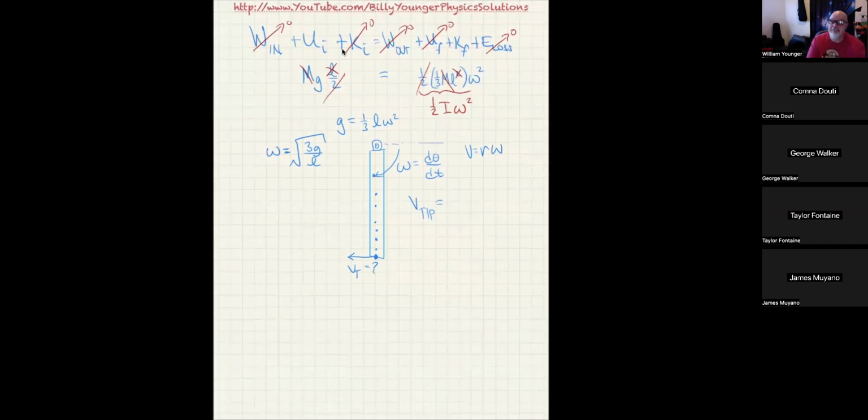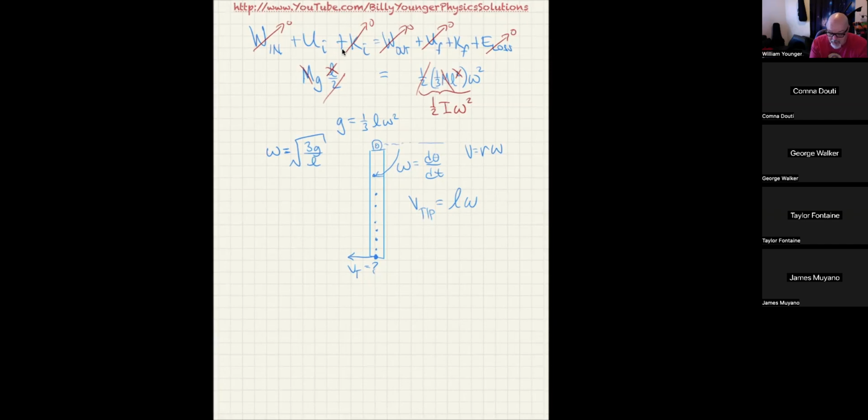Anyone? L? Yes. So we're going to write L here, and then we're going to write omega there. And this whole thing, I'm going to actually compare this to dropping an object from, say, the same height, the height of the axis or the axle, and let it fall to the height of the tip when the thing is sitting vertically.